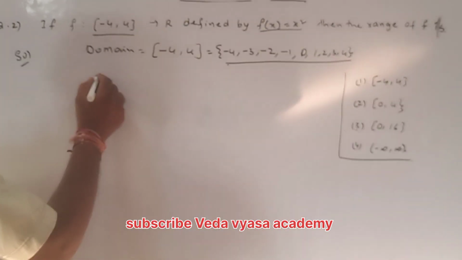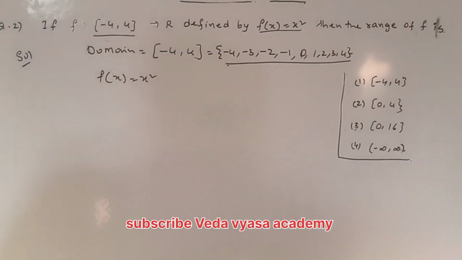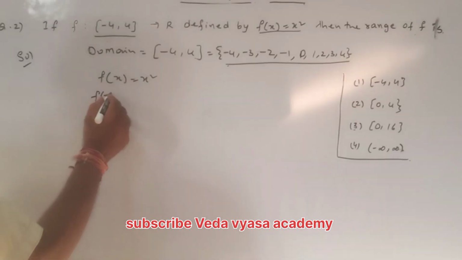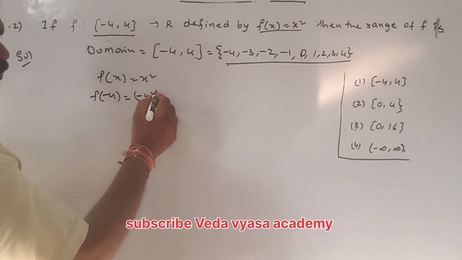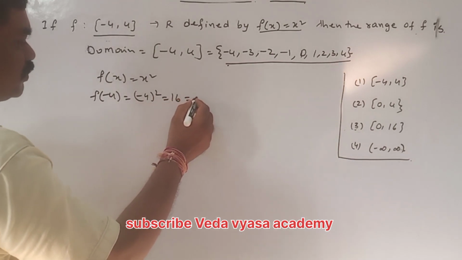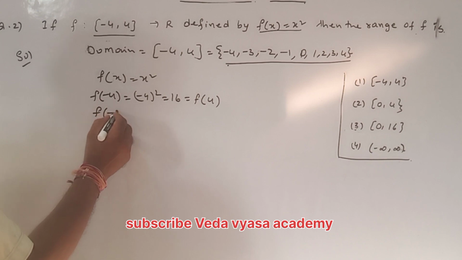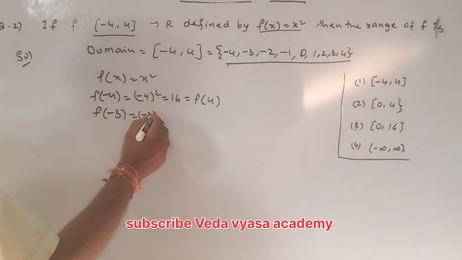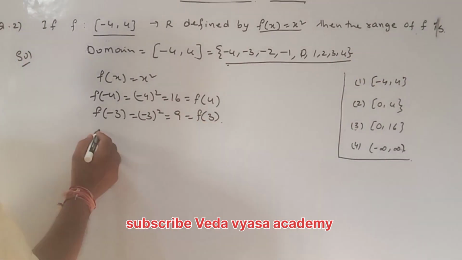Here f of x is equal to x square is defined. So f of minus 4 is equal to what? Minus 4 whole square is equal to 16. This is also the f of 4 value. F of minus 3 is equal to minus 3 whole square, 9, which is equal to f of 3.